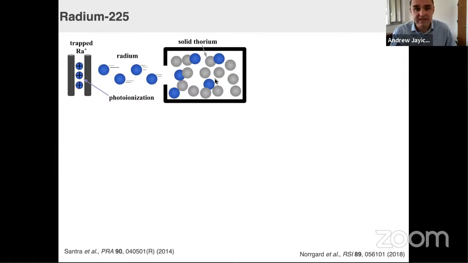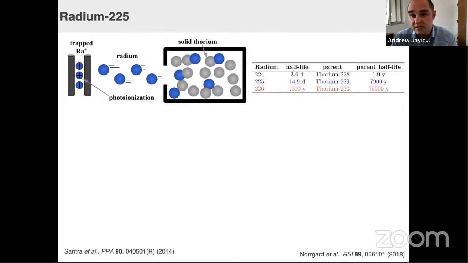So with any modest heating, the radium leaves, you're left with the thorium, and it just continuously populates this oven. So you have a near indefinite source of radium atoms that is going to be pretty robust. If you accidentally heat it up too much, all your radium will leave, but then it'll get repopulated by more thorium. So that seems nice.